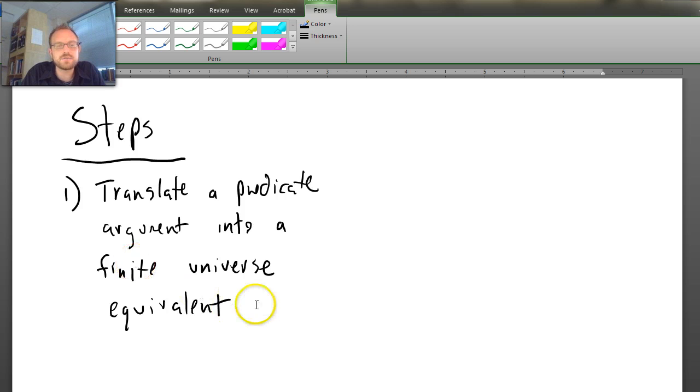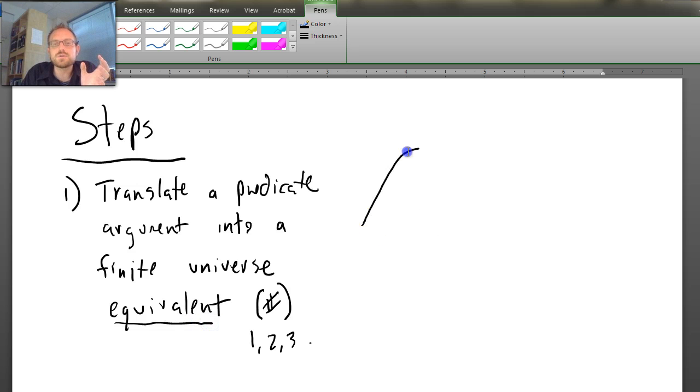Now, the finite universe equivalent means that we're going to determine how many things exist within the universe. For now, we're going to start with one. And if one doesn't work, then you look for two, and then three, and so on and so forth. But the first thing you have to do is translate an argument into a finite universe equivalent. Now, I say equivalent here. The symbol we've used for logical equivalence is 2 colons.